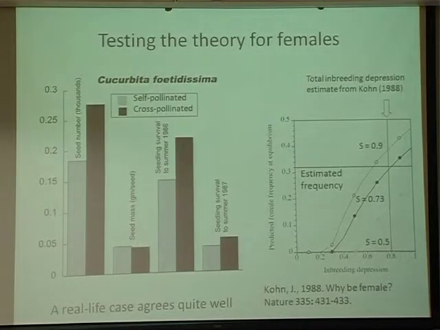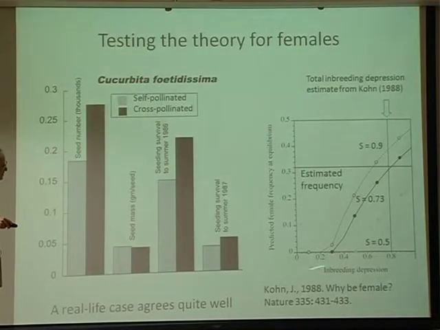That's the survival, good for cross-pollinated, bad for inbred, and so it went on. So he was able to estimate that delta, taking fairly reasonable amounts of the life cycle into account, and the delta value he got is indicated on this diagram.